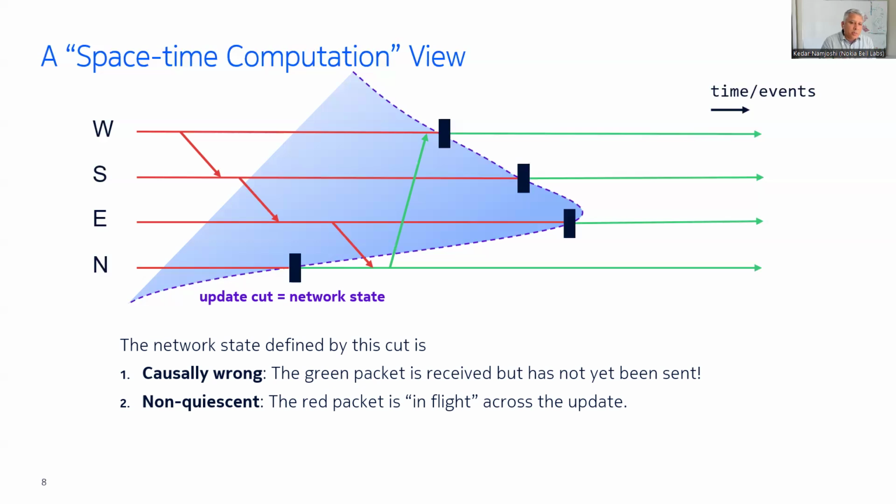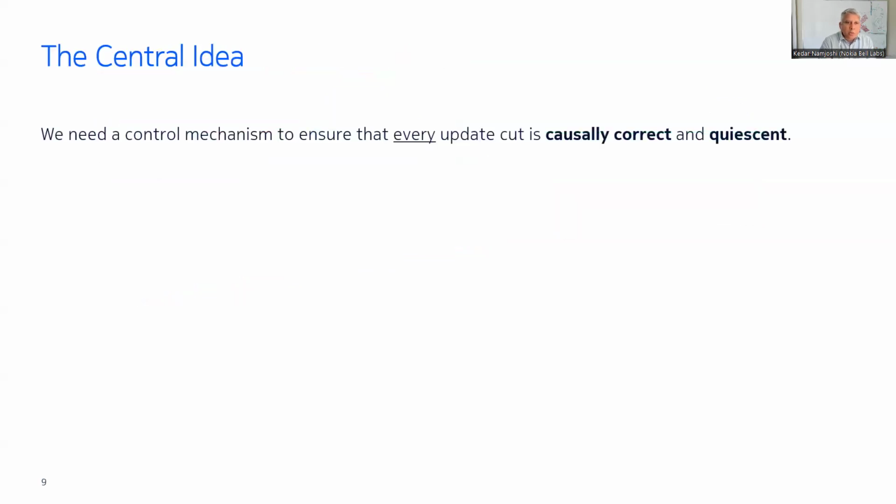So the cut forms this clean separation between the green and the red. Packets originating on the red side only pass through the red configurations. Packets originating on the green side only pass through green configurations, and that gives us consistency. So what we need is a control mechanism to make sure that every update cut is causally correct and quiescent.